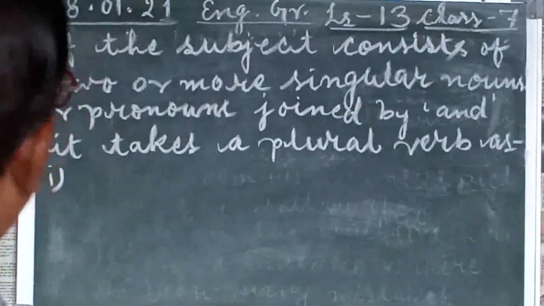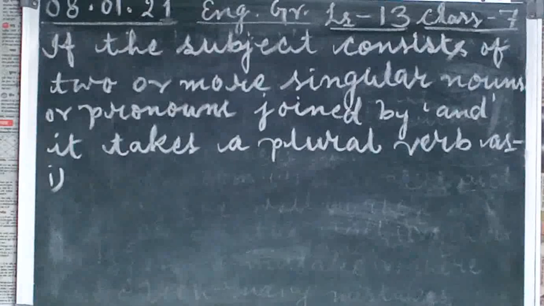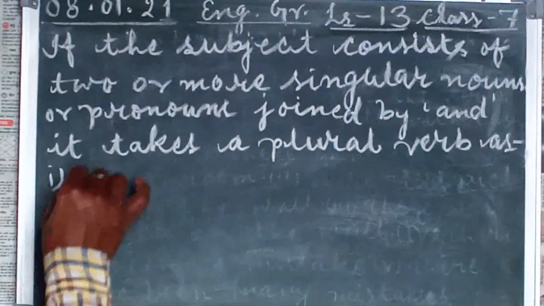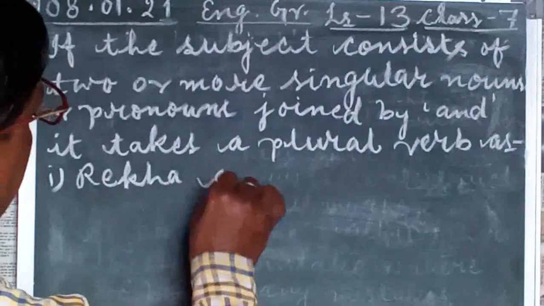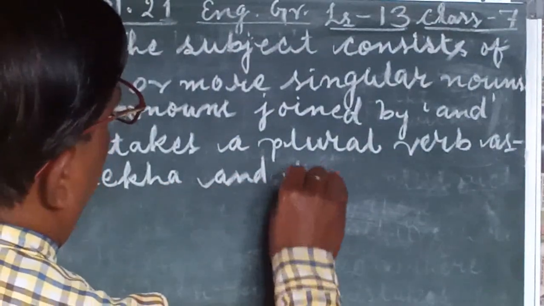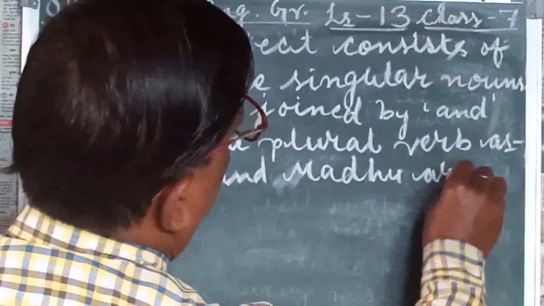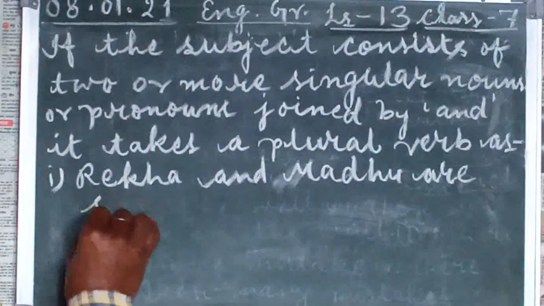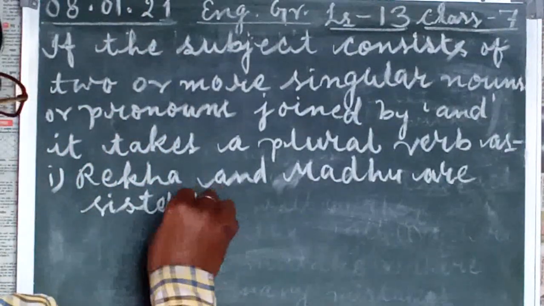I am giving you examples here. Number one is Rekha and Madhu are sisters. We can write here, Rekha and Madhu are sisters.